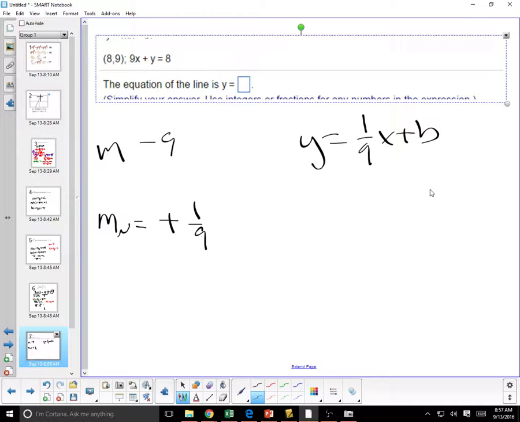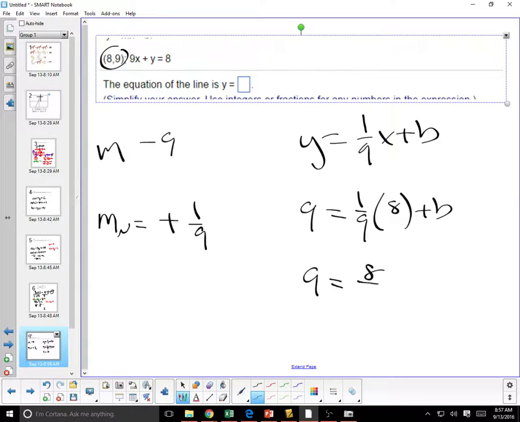Yeah, and then I'm just going to plug in this coordinate they gave me to make sure it crosses. So this is 9. I wish 9 was on the other spot. That would have been better. 1/9 times 8 plus b. 9 becomes 8/9. Right? Go ahead and subtract 8/9 from both sides. That is 0.